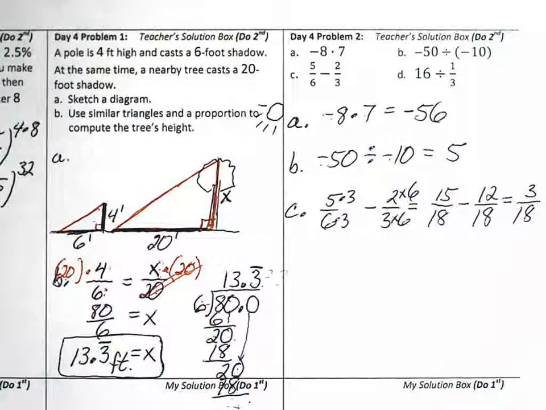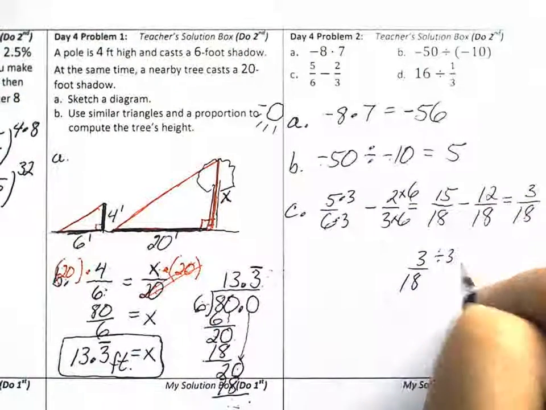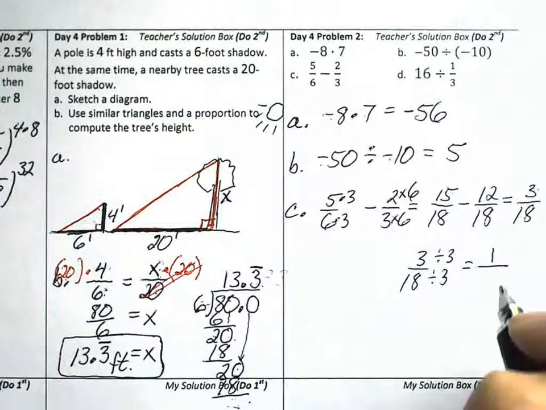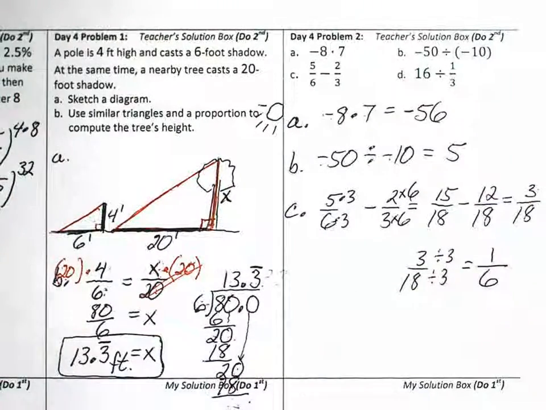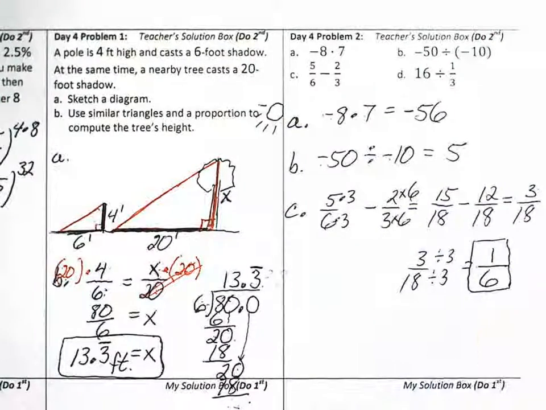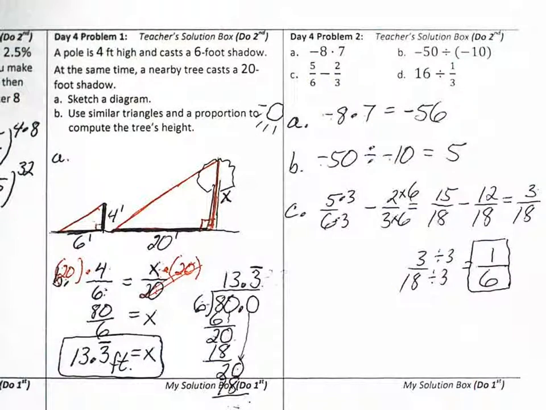Now 3/18 does reduce. This number and this number can both be divided by 3. So let's see what that would make. 3 divided by 3 makes 1 for the numerator. 18 divided by 3 makes 6 for the denominator. And so the fraction 1/6 is the simplified answer to the subtraction problem.